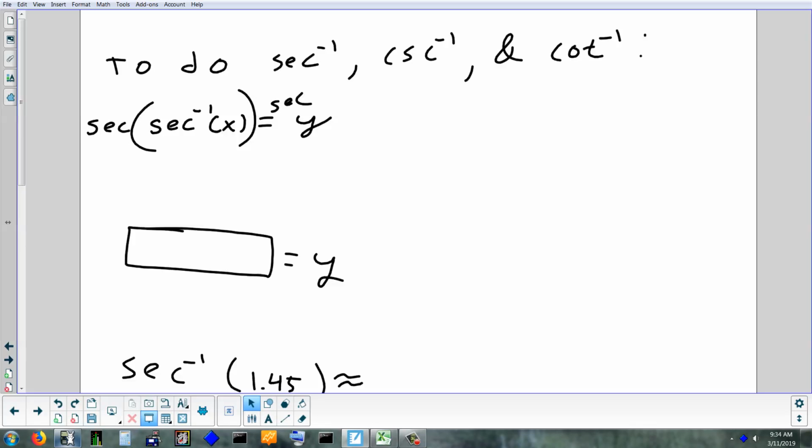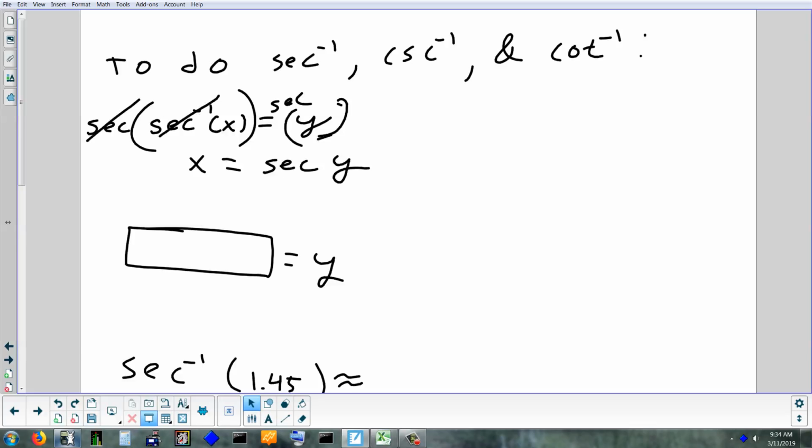I'm going to take the secant of what's on the right, just squeezing it in by the y. Those cancel out. Now I don't have an inverse trig problem anymore. I have an x all alone on the left, and on the right, I have secant y. It's the same equation as what I had up above. It's just rewritten a little bit.